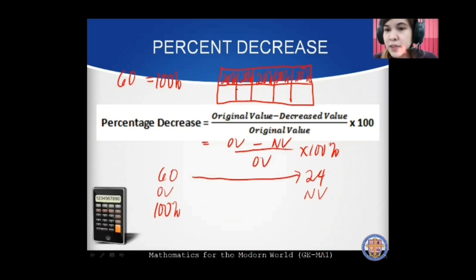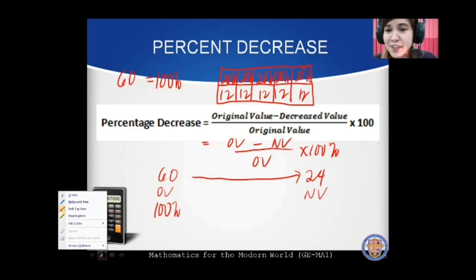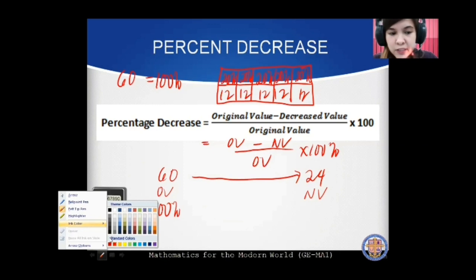Then, 60 divided by 5 is 12. Then, alam natin, as I've told you, yung buong rectangle na yan, yun yung isang buo na 60 pieces of eggs, which is 100%.